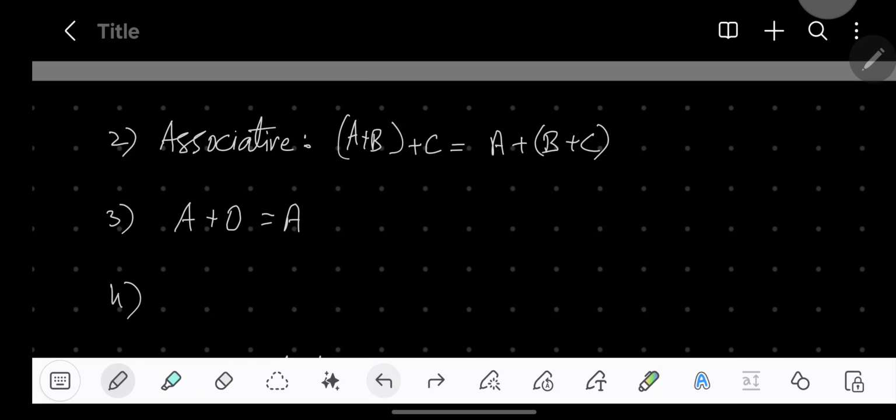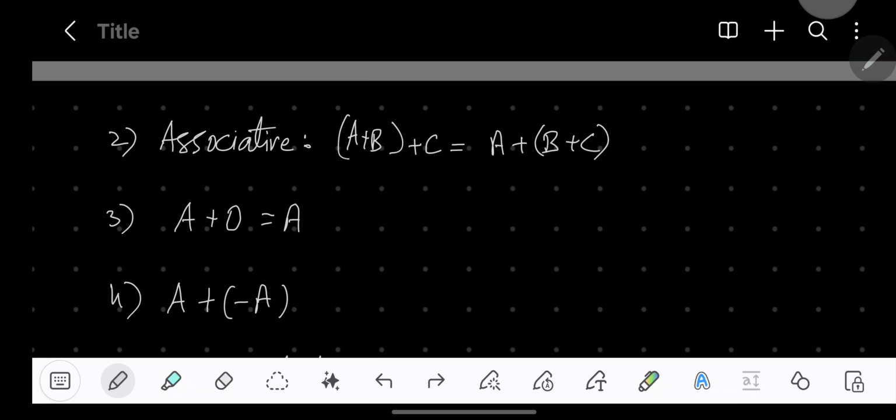The last property is, if you add negative A to A, it's just like adding 5 plus minus 5. What will you get? The very simple answer is both will cancel and you will get 0.